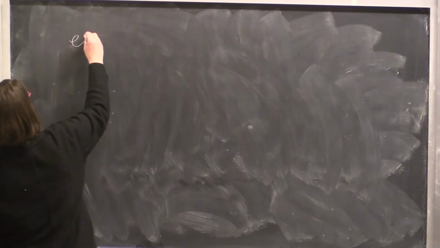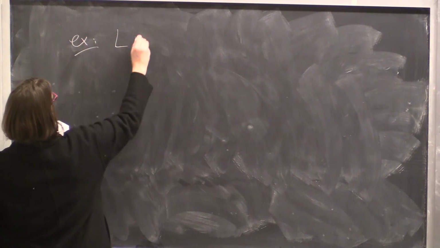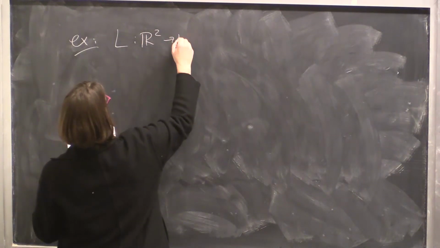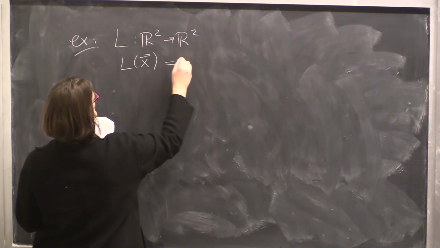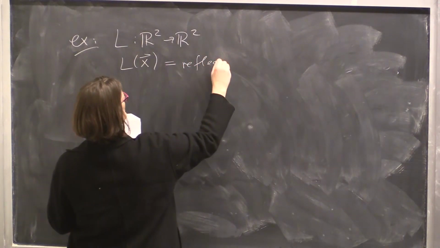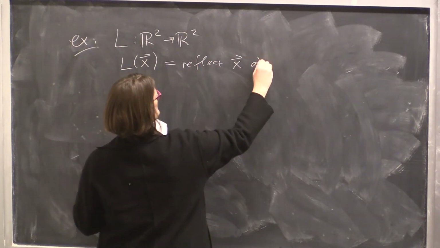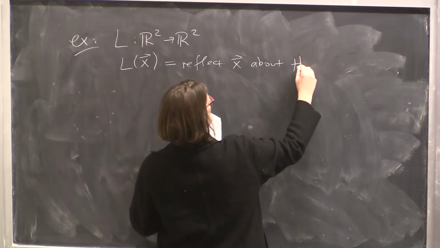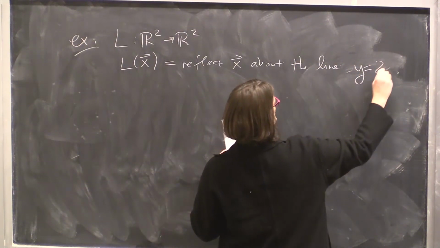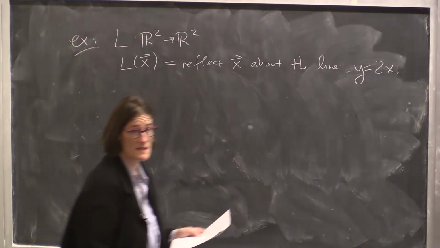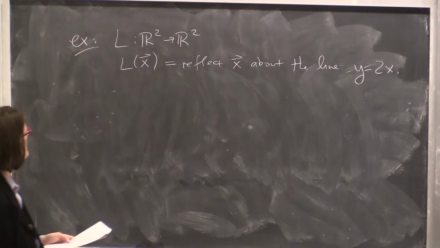So example, L goes from R2 to R2. L of x is reflect x about the line y equals 2x. So this is a nice linear mapping.